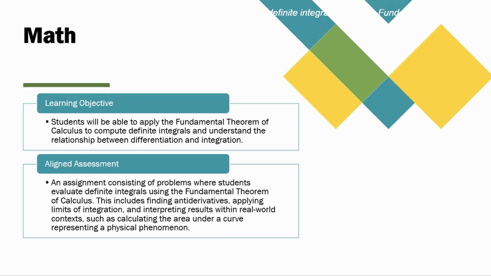If we were to give an assignment consisting of problems where students evaluate definite integrals using the fundamental theorem of calculus, finding antiderivatives, applying limits of integration, and interpreting results within real-world contexts, such as calculating area under a curve representing a physical phenomenon, that would match up because we're asking them to compute those integrals, to understand that relationship between them. That's what we're looking for when we look at alignment.